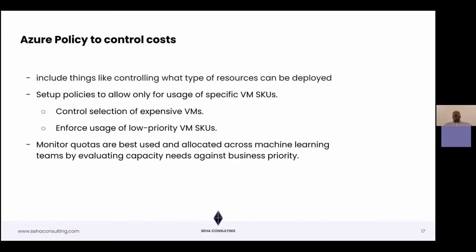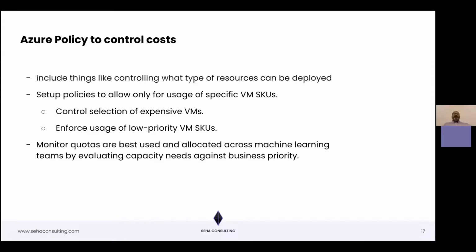So you can control selection of the expensive VMs, like the GPU-based VMs, which generally are a lot more expensive than the CPU-based VMs. We showed the example of a CPU-based VM at around 29 cents per hour. GPUs start at over $1 an hour. So you can control selection of your expensive VMs or enforce usage of the low priority VM SKUs.